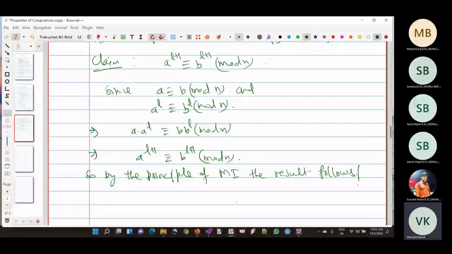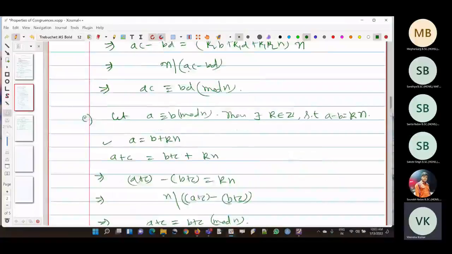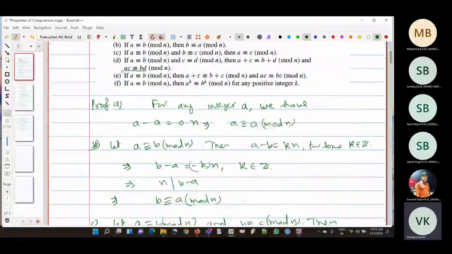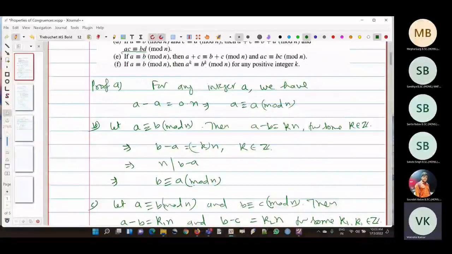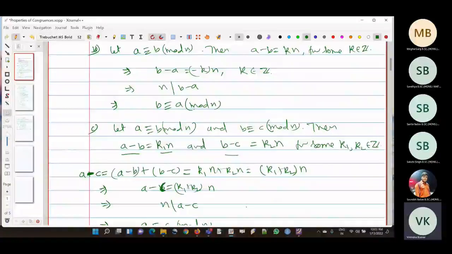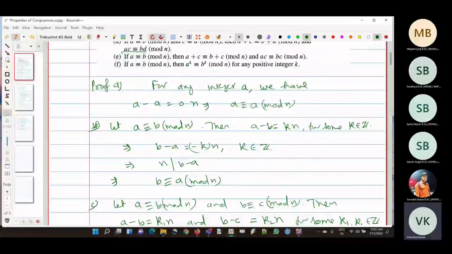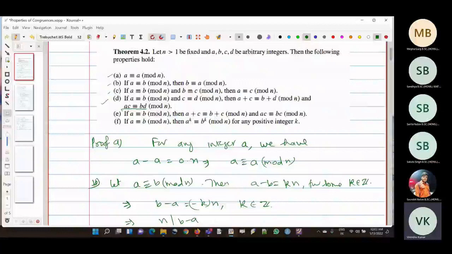So we have proved these properties, and they are really very useful when you are computing congruence modulo of some numbers. And of course they are also useful in finding the remainder and many other things. Here we have seen that we can multiply them, and in D we have seen that we can multiply and add side by side. The question is, can we subtract or can we cancel out?